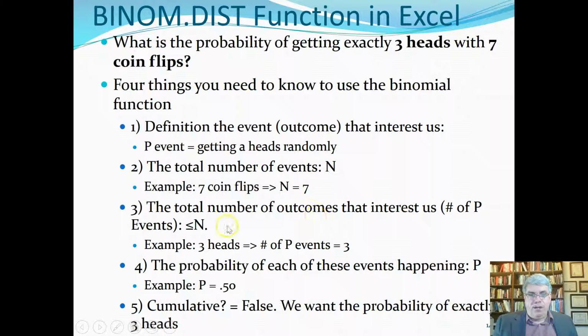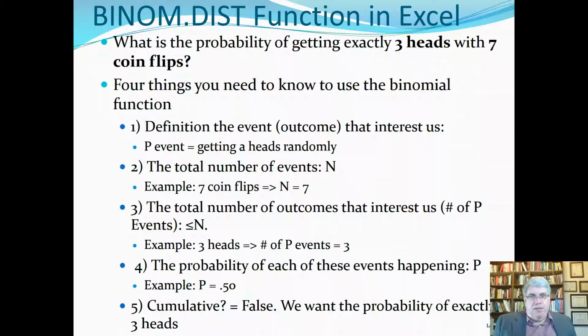Now notice that this number of P events always has to be less than or equal to N. You can't say, oh, what's the probability of getting 8 heads with 7 coin flips? That doesn't make sense. You can't do it. You could say 7 heads with 7 coin flips or 0 heads with 7 coin flips, but it can't be greater than N. Then we have to know the probability of each of these events, and we call this p.